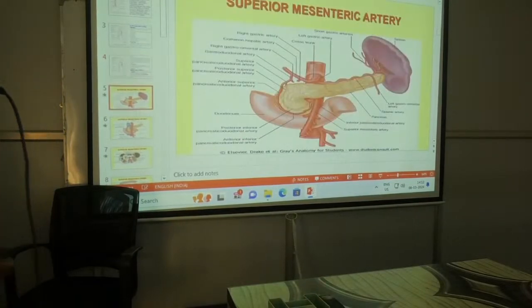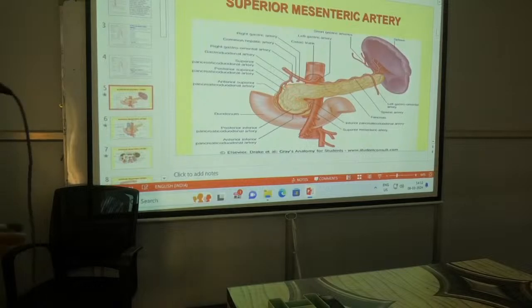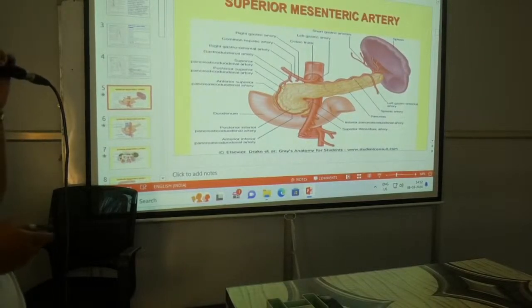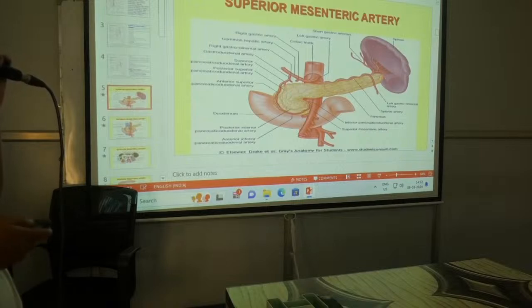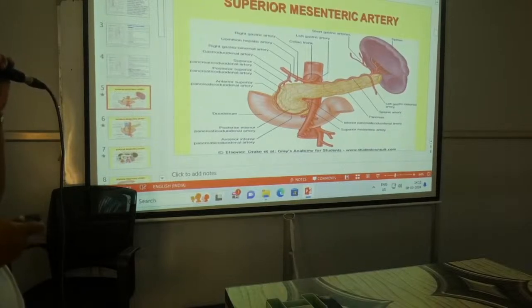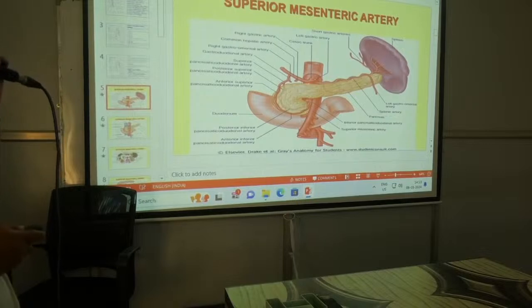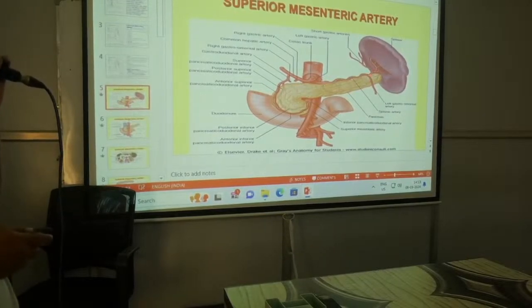Next, see the relation. This is the head, neck, body and tail of the pancreas. The tail is entering into the hilum of the spleen. Along the upper margin of the body of the pancreas, this tortuous splenic artery is going, which is a branch from the celiac trunk. See, this is the celiac trunk, with three branches: left gastric, common hepatic, and this is splenic.